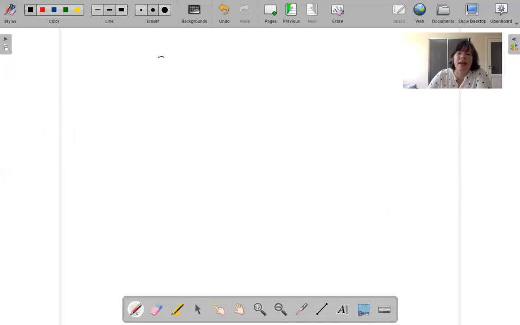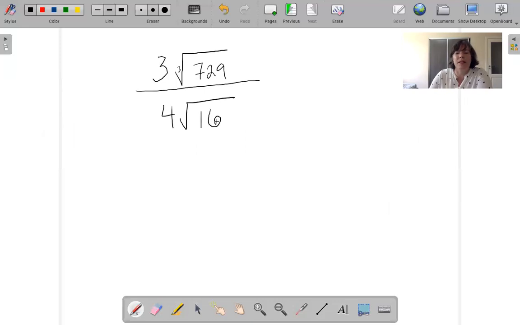Let's say 3 times the cube root of 729 over 4 times the square root of 16. It looks so scary. It doesn't have to be.